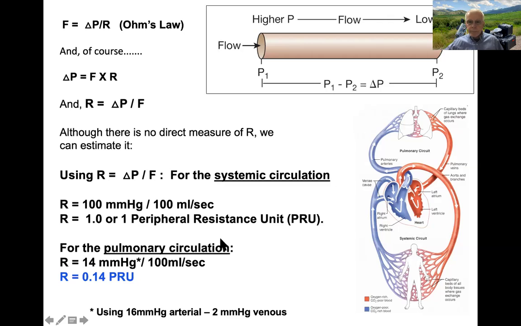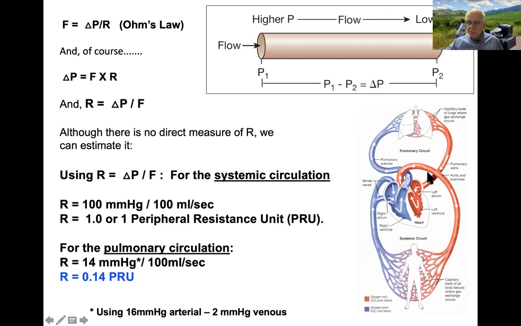If you compare that with the pulmonary circulation, the difference in pressure between the blood being pumped into the pulmonary arteries and returning to the left atrium is only about 14 millimeters of mercury. Down below, I'm just using values of about 16 arterial, 2 venous. Because the system is a closed system of tubes, the same volume of blood must move per unit of time.